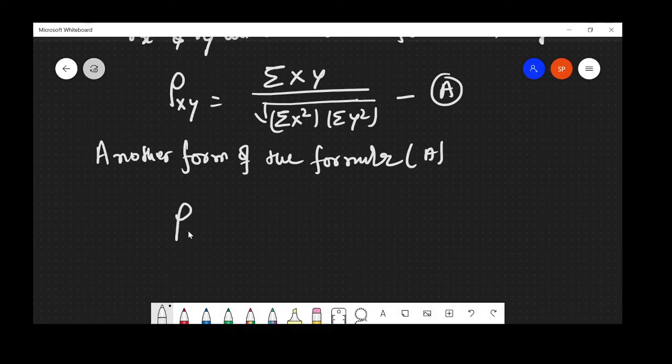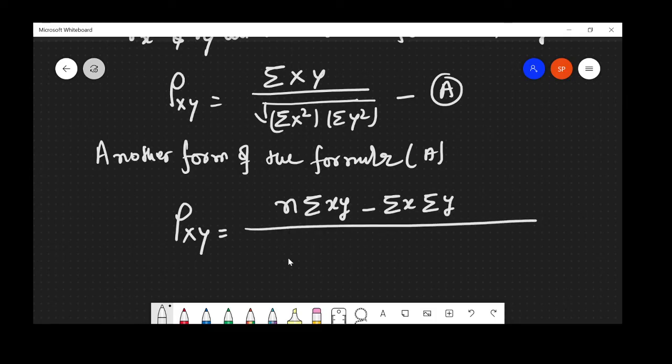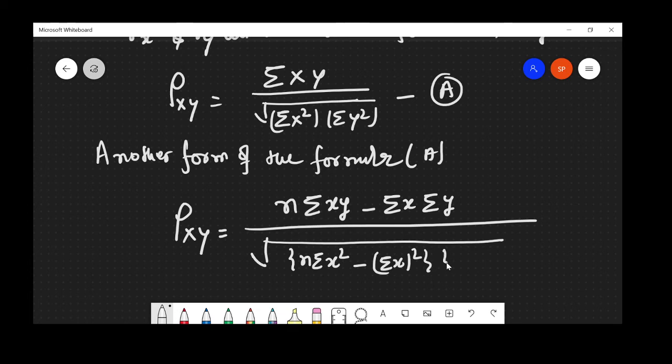We can write rho xy is equal to n summation xy minus summation x into summation y, divided by under root of n summation x square minus summation x whole square, into n summation y square minus summation y whole square.